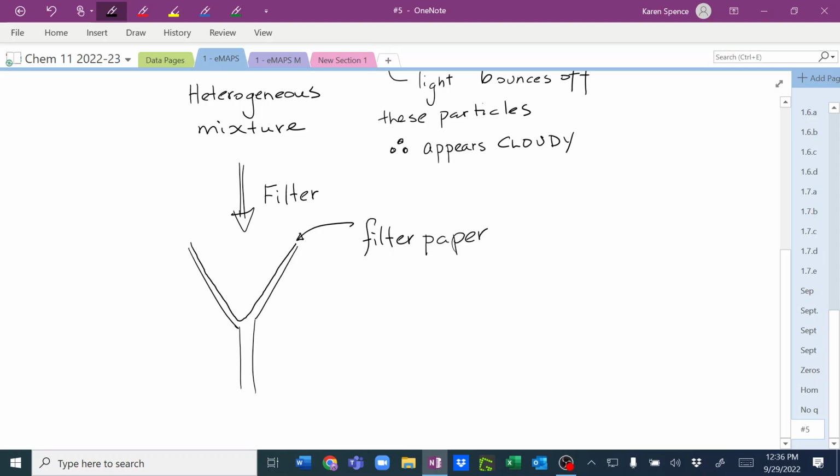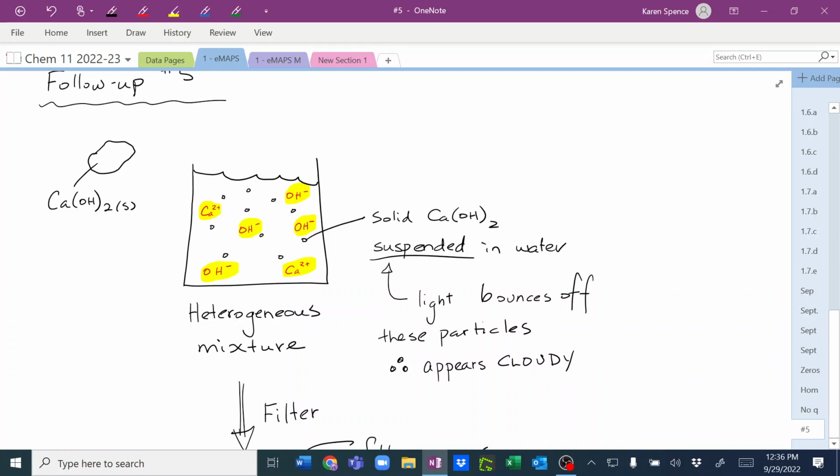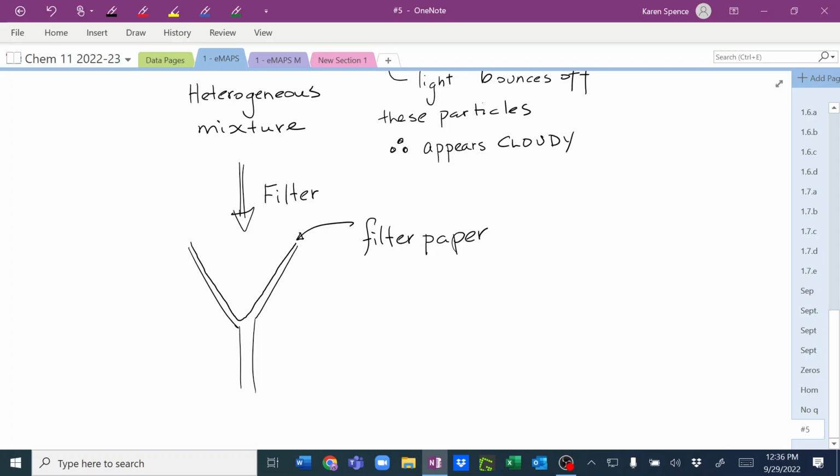And what ended up on the filter paper? The calcium hydroxide, the stuff that had not dissolved. Okay, so on here we have undissolved calcium hydroxide.